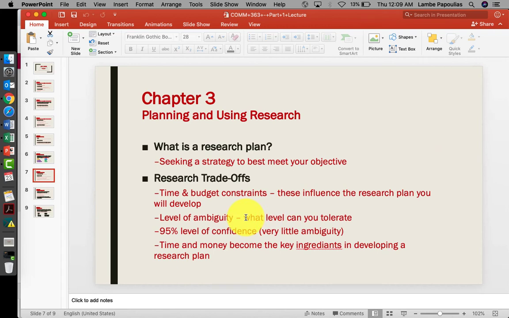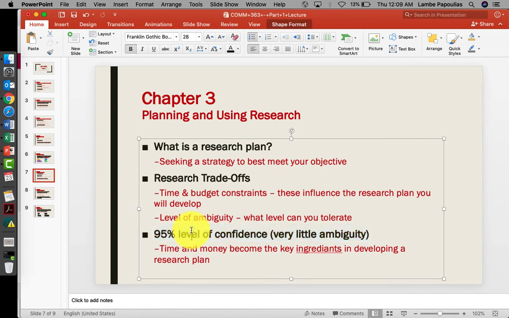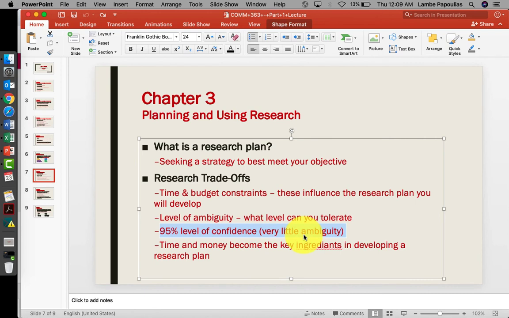The level of ambiguity: what level can you tolerate? How much ambiguity can you actually tolerate, knowing that even though we're going to conduct research, it might not be 100% clear? This is where you get your 95% level of confidence. If you have a 95% level of confidence, you will have very little ambiguity.